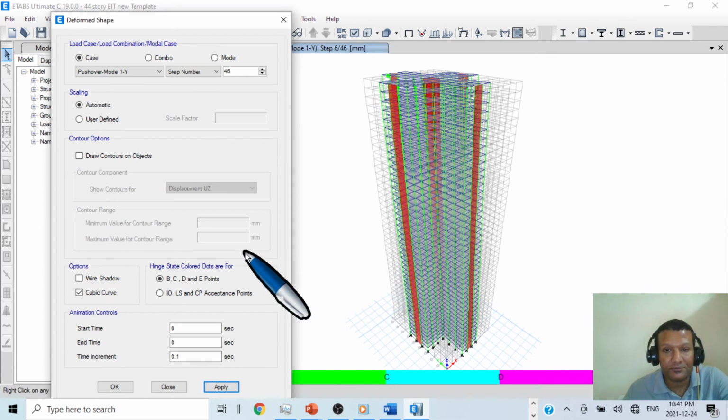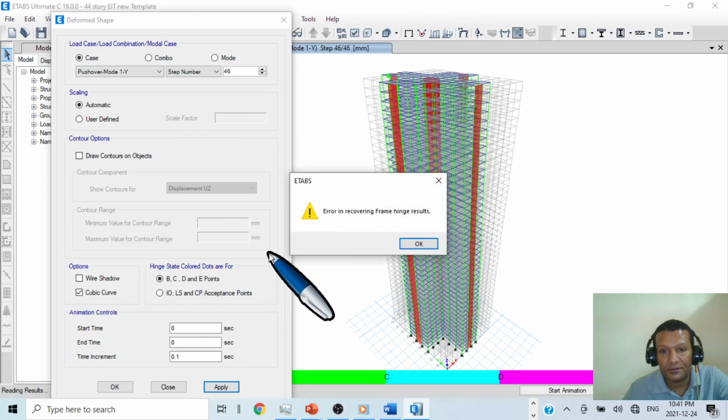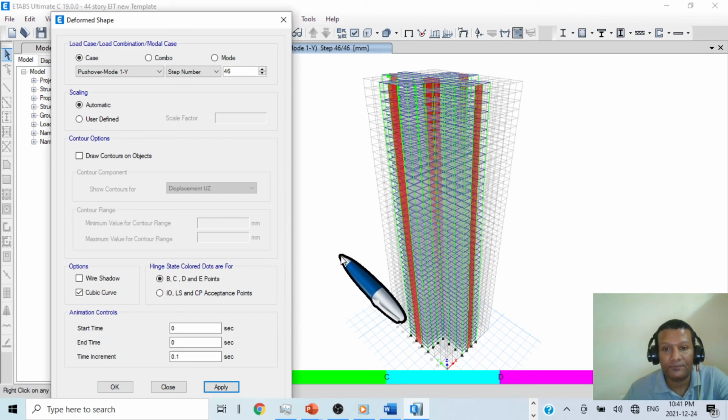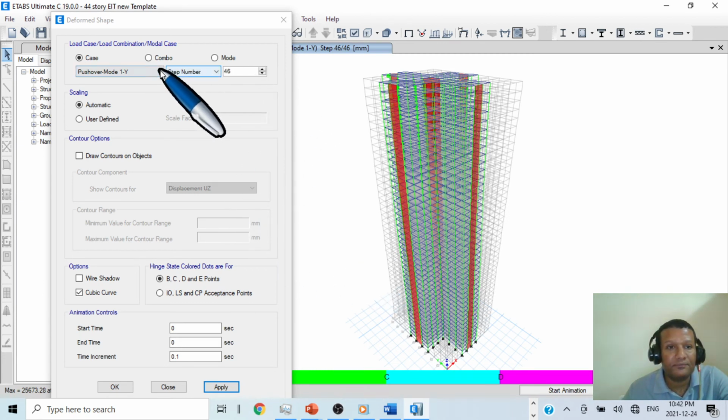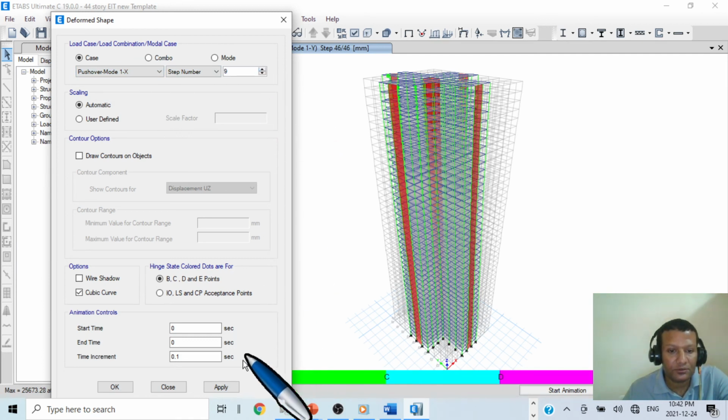This sometimes happens. Okay. In the x direction we have 9.